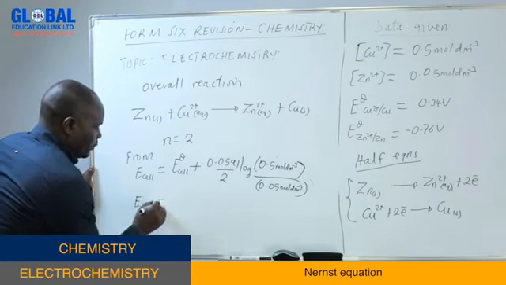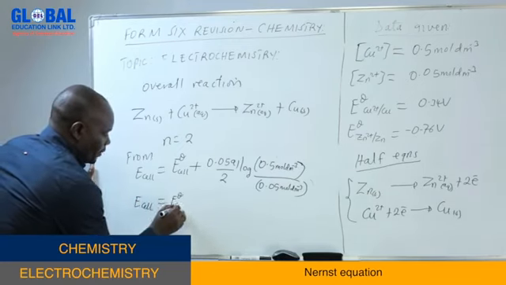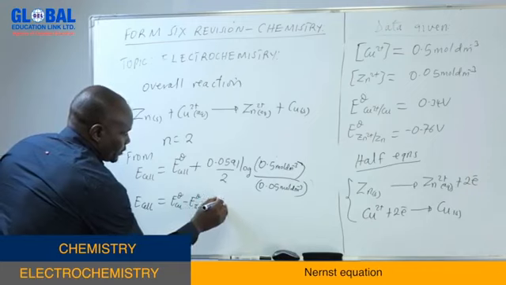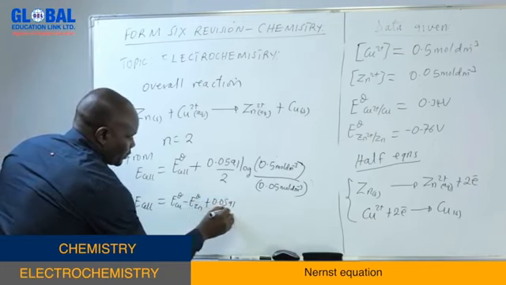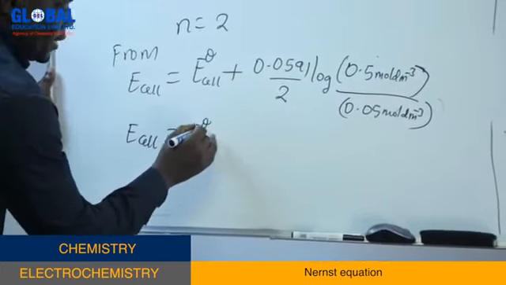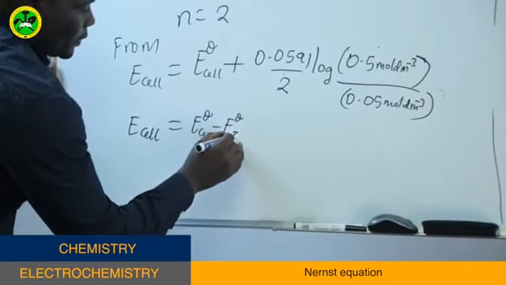So the EMF of a cell will be equal to the standard electrode potential of the cell, which is E of copper minus E of zinc, then plus 0.0591 over 2, then log of the concentration of reduced species over oxidized species.